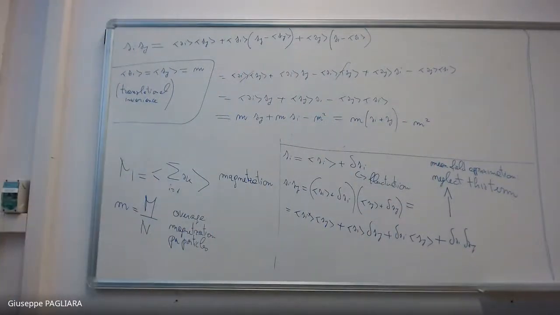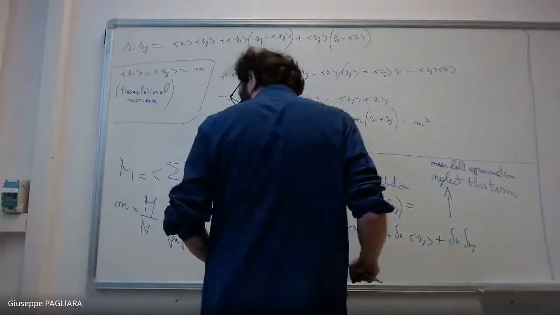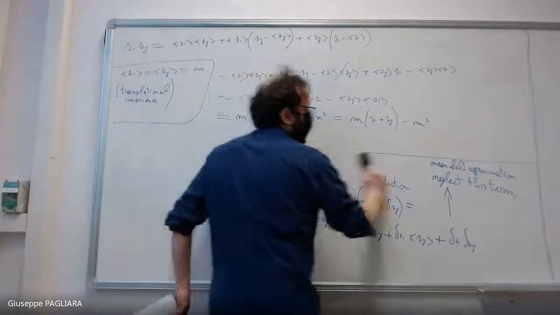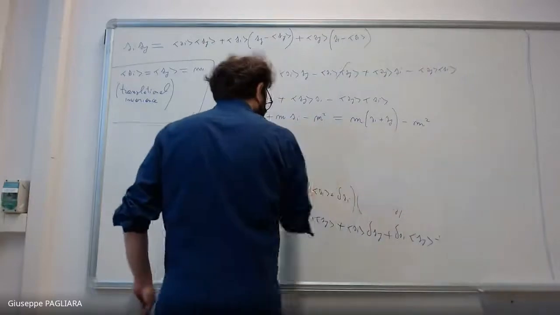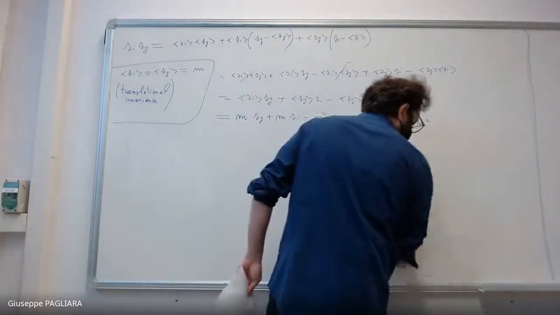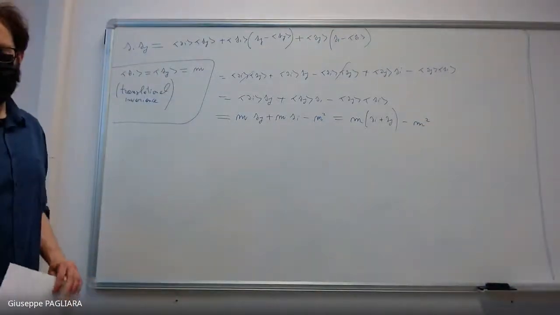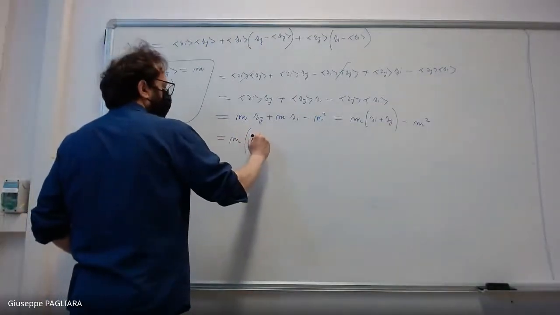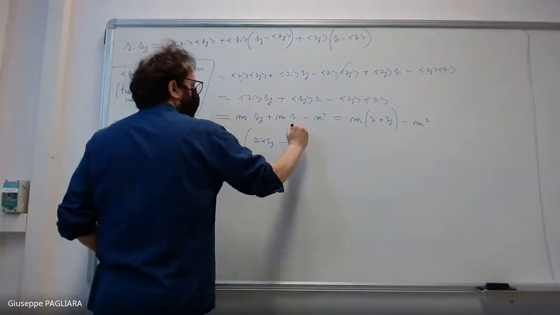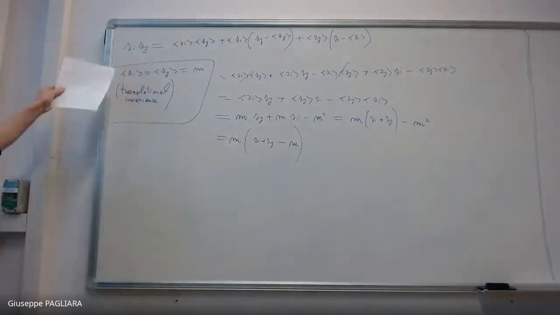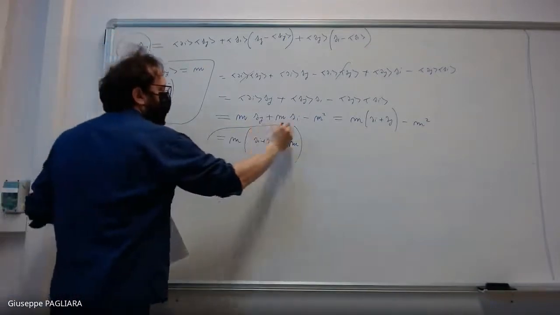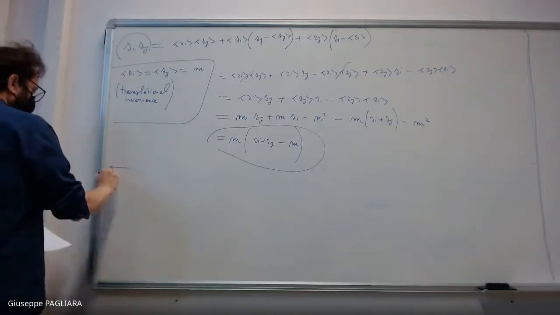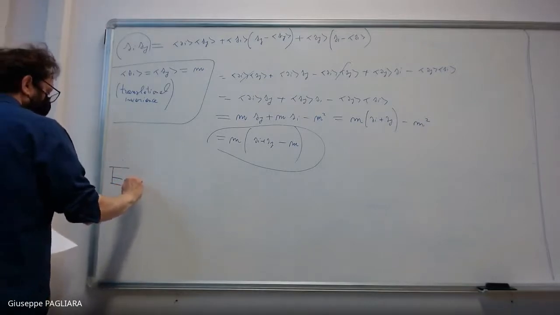Now this is useful. This is also equal to M times Si plus Sj minus M. And this is the starting point: SiSj is equal to this mean field approximation. So now I can write back again the Hamiltonian, the energy, in mean field approximation.